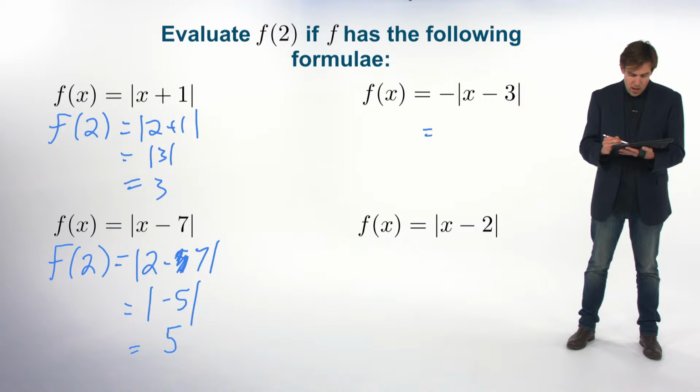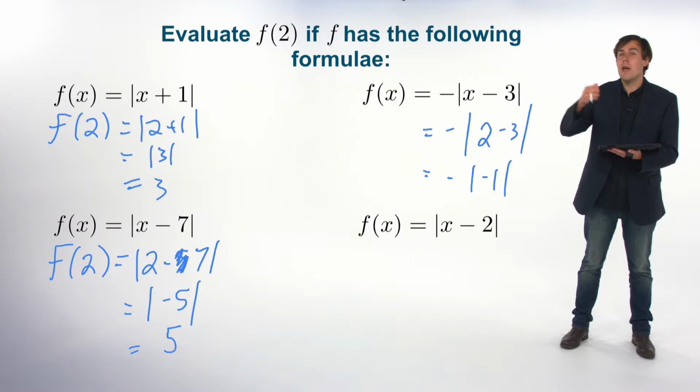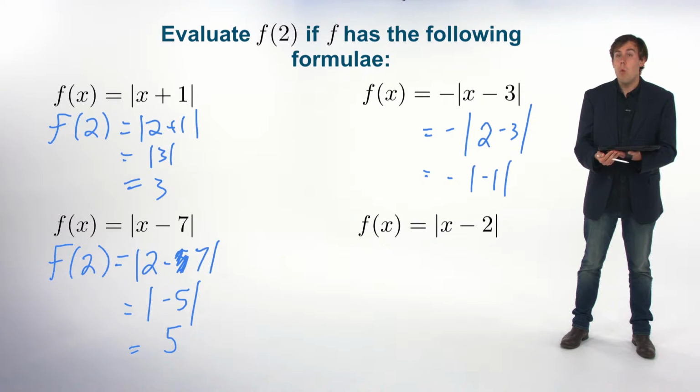Here, I have negative absolute value of x minus 3, so I keep the negative outside. Plug in 2 minus 3. So I have negative absolute value of minus 1. Now we have to be a little bit careful. Normally, 2 negatives would cancel, but one is inside the absolute value, the other is not.